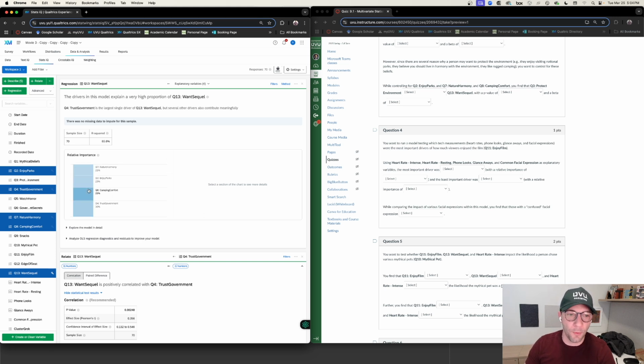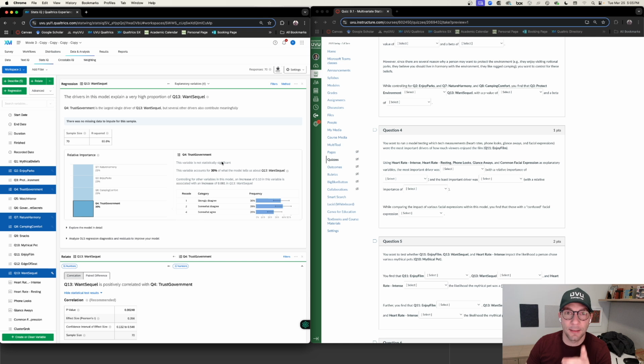And so what we end up getting here, first of all, this is kind of cool. We can click on each of these for a little description on what's going on with each predictor. So here, trust in government for me is not statistically significant. But the important thing to remember, if you remember the example I just gave earlier, is that trust in government alone was statistically significant.